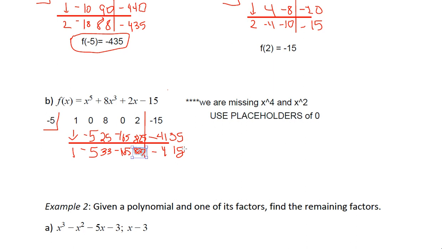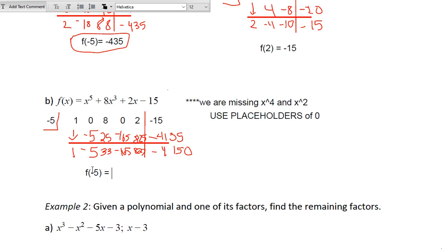Okay, so I have used synthetic substitution to find out that f of negative 5 is negative 4,150.